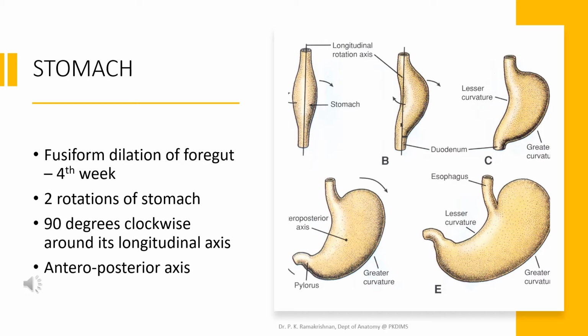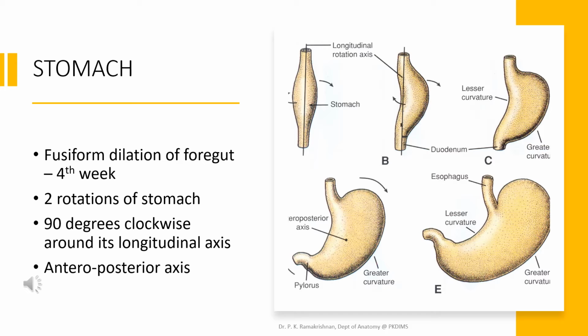First, the stomach rotates 90 degrees clockwise around its longitudinal axis, causing its left side to face anteriorly and its right side to face posteriorly.